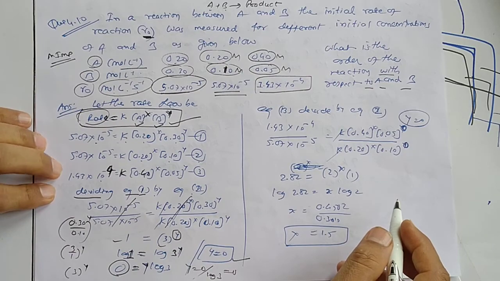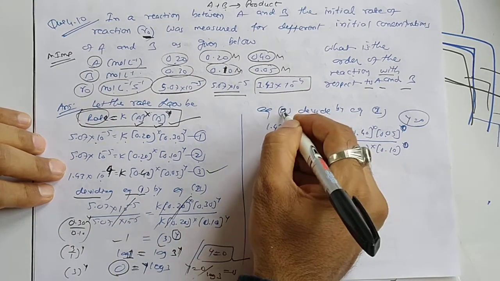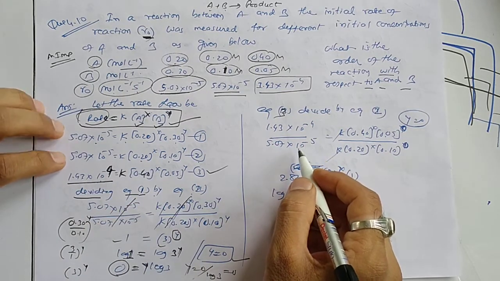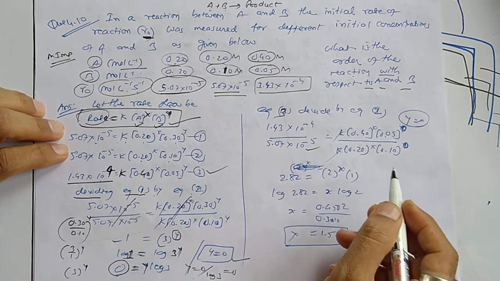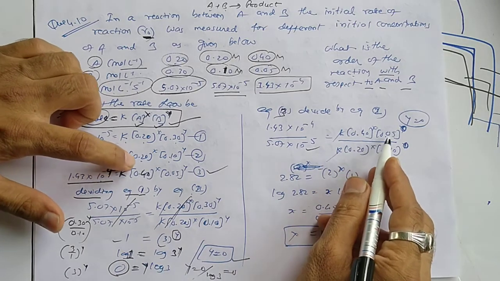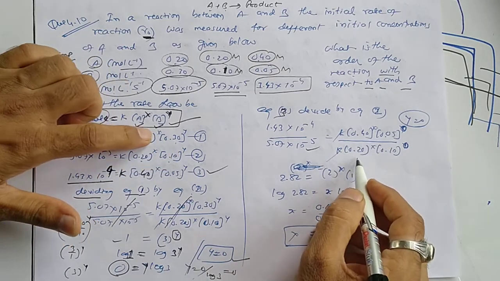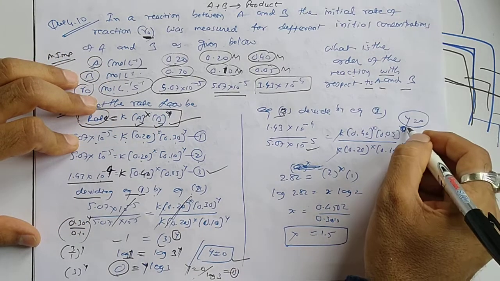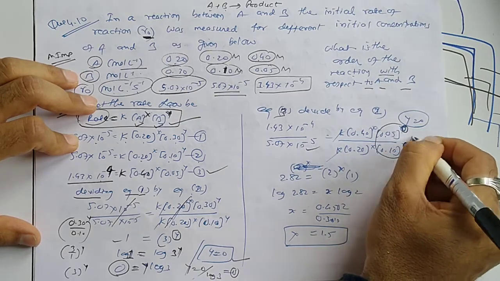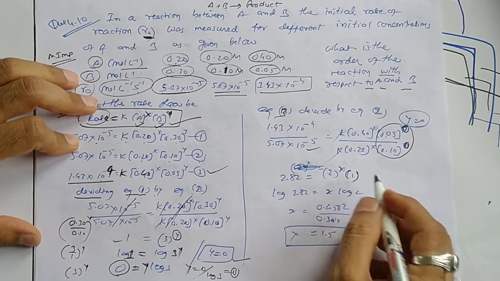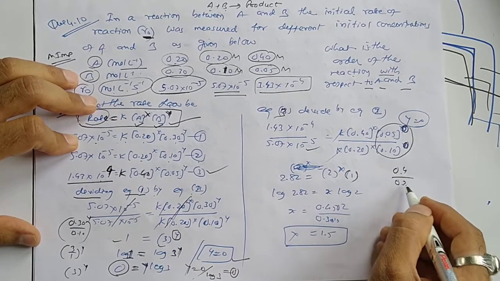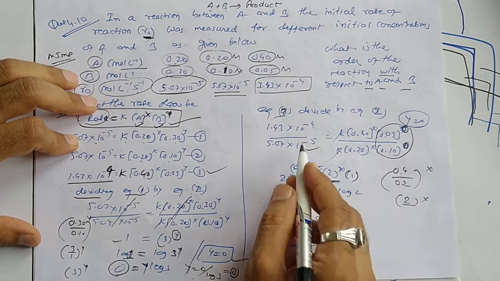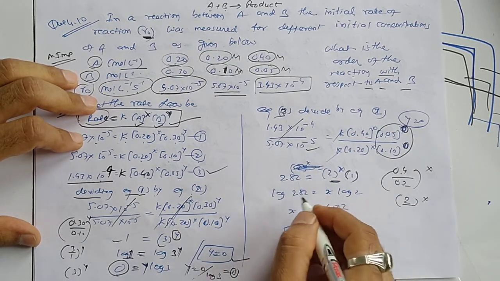Now equation 3 divided by 2: 1.43 × 10^-4 divided by 5.07 × 10^-5 equals K, 0.40 raised to x, 0.05 raised to y, over K, 0.20 raised to x, 0.10 raised to y. Here y is 0, so that factor becomes 1. So 0.4 upon 0.2 all raised to x, so 2 raised to x. Here the division gives 2.82.